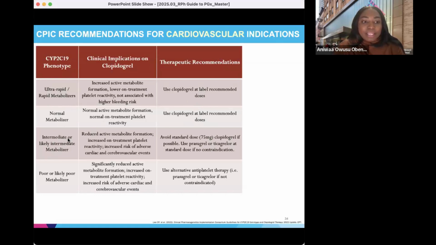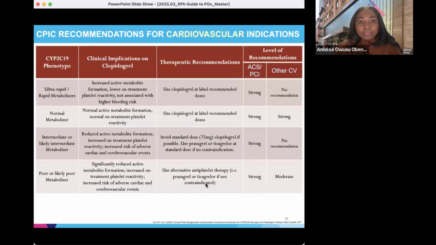However, if you're an intermediate metabolizer or a poor metabolizer, the recommendation is to avoid clopidogrel and use an alternative, specifically for poor metabolizers. For the intermediate, the recommendation is to avoid standard dose clopidogrel. In the past, people used to triple dose clopidogrel or even double the dose of it, but the recommendation is not to do that. Just use the alternative, which would be prasugrel or ticagrelor.